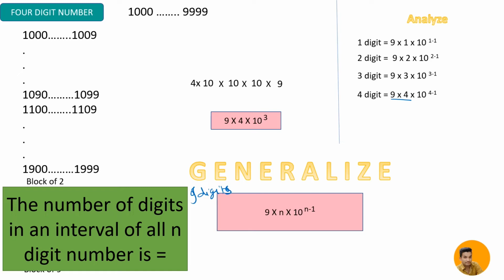So total number of digits present in 4-digit numbers is 9 into 4 into 10 to the power 4 minus 1, and this would give you the same result. So I have generalized this.